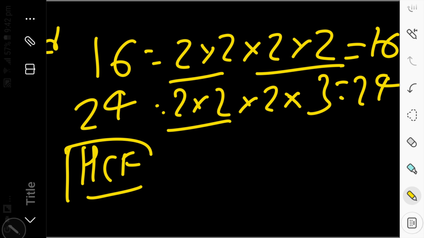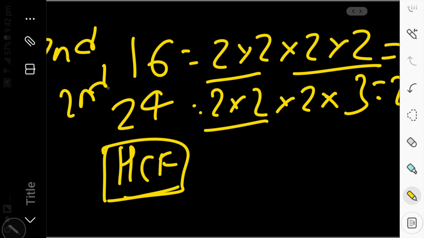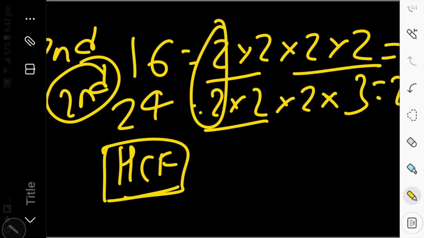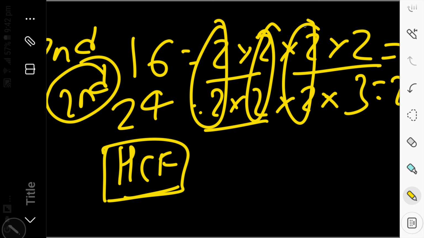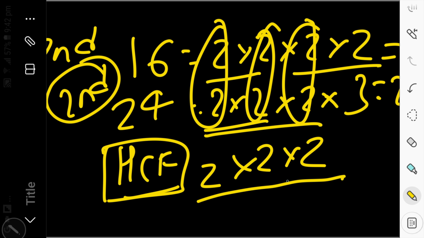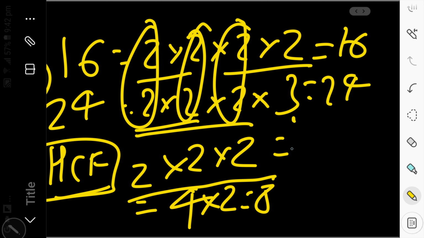In LCM we found the common factor and multiplied it with what was remaining, but here we multiply only the common factors, which are 2 into 2 into 2. So there are 3 common 2s. We multiply them: 2 into 2 into 2 is 8. So the HCF of 16 and 24 would be 8.